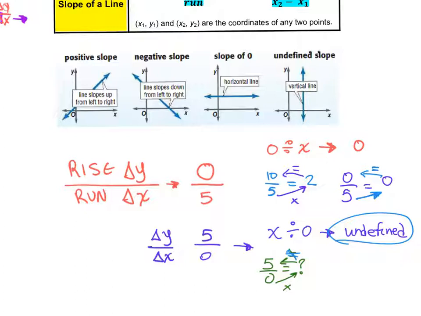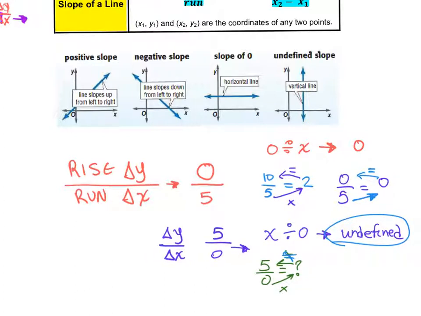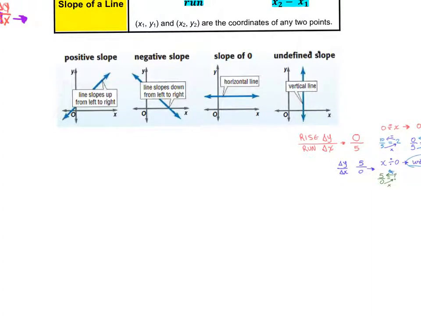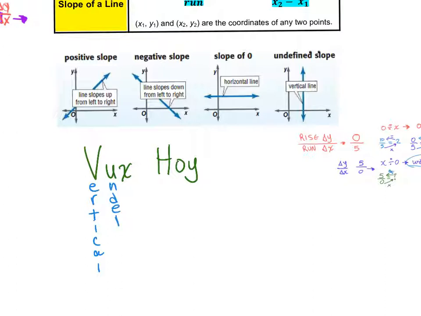There's another little saying that I like to use just to remind you that vertical lines give you undefined slope and that flat, horizontal lines give you a slope of 0. And that is the acronym VUX HOI, where V stands for vertical, as in vertical lines. Vertical lines have undefined slopes, and they are x equals equations. They cross the x-axis.